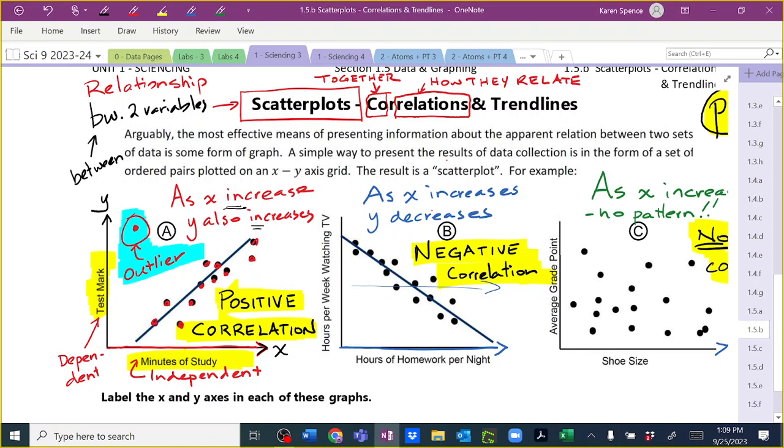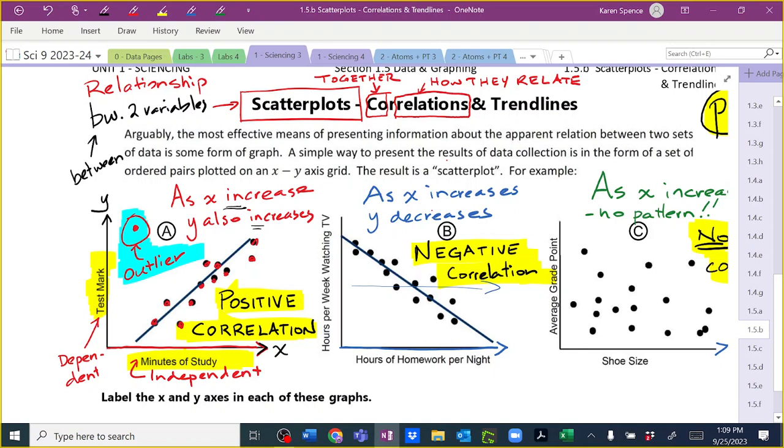It's sort of like, ooh, something strange happened here, something different happened, right? Most people, in order to score well on a test, have to spend time studying. Most people, the more time they spend studying, the better they're going to do on a test. But there's always that one person who's a genius, they have an IQ of like 250 or whatever it is, and they don't study at all, and they do really well. That's not part of the usual trend line. That is an, what do we call it? Outlier. Okay.